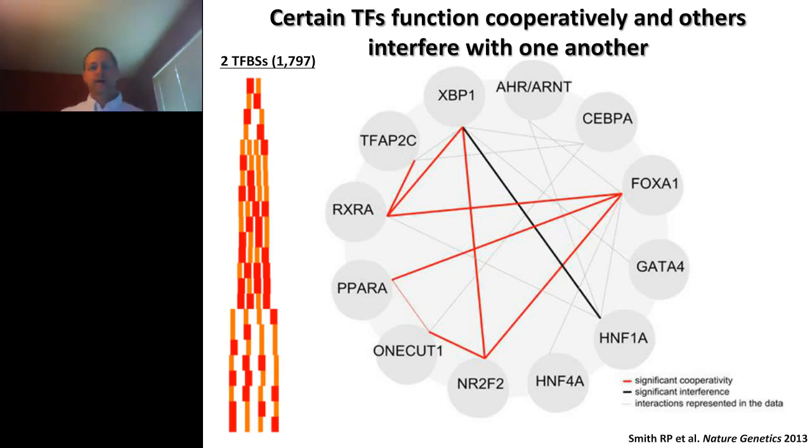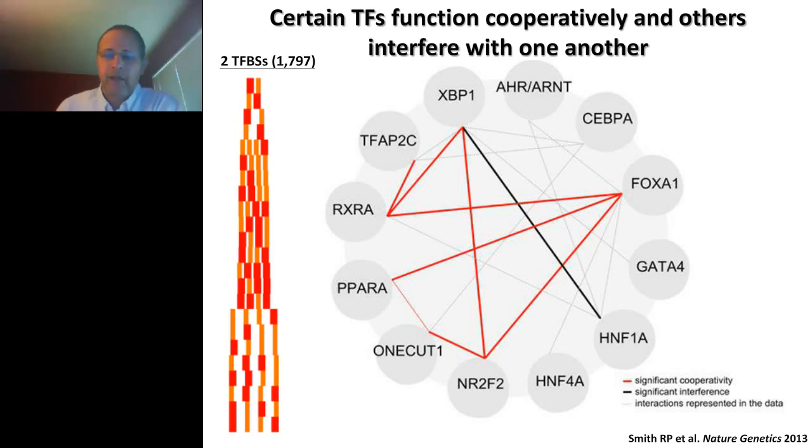And if we have both of them together on that sequence, we're going to get a much stronger enhancer than just having each one of them separately. So a lot of these transcription factor binding sites like to work with one another. If you have these red lines that you can see here, they basically like to work with one another.